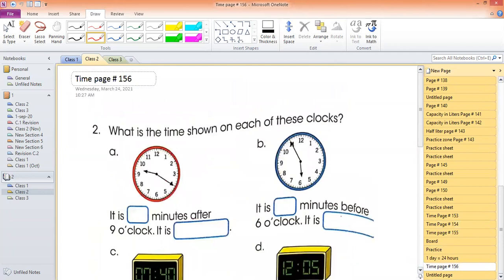Come to the book, page number 156. What is the time shown on each of these clocks? First you have to tell me it is dash minutes after 9 o'clock. Check out the minute hand and tell me how many minutes have passed after 9 o'clock.